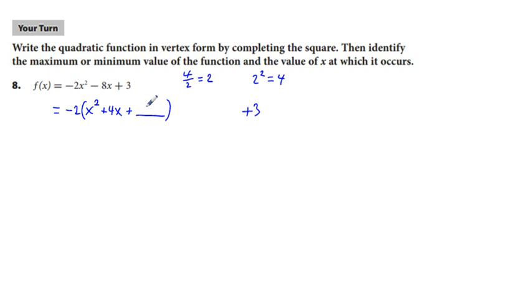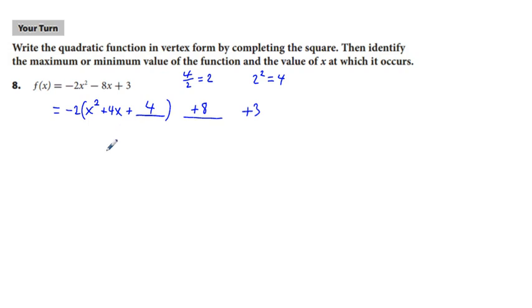So 4 is going to go here to make our perfect square. And now we have to see what else we have to add to the outside to balance. Well, on the outside we have negative 2 times 4, so we're subtracting 8 by virtue of putting this 4 in here. So to keep things balanced, we're going to have to add 8 on the outside.